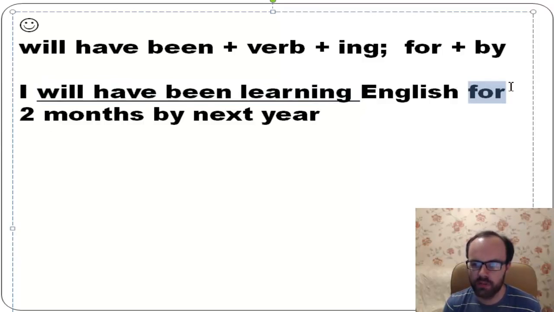You have for and you have by, and you use future perfect continuous.